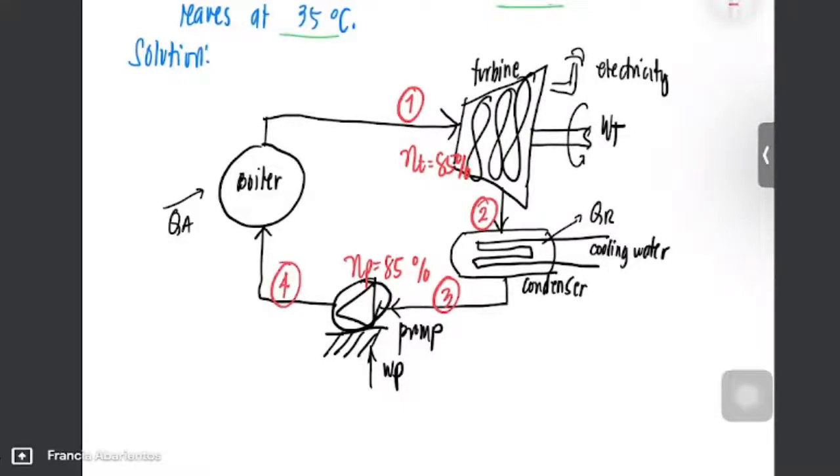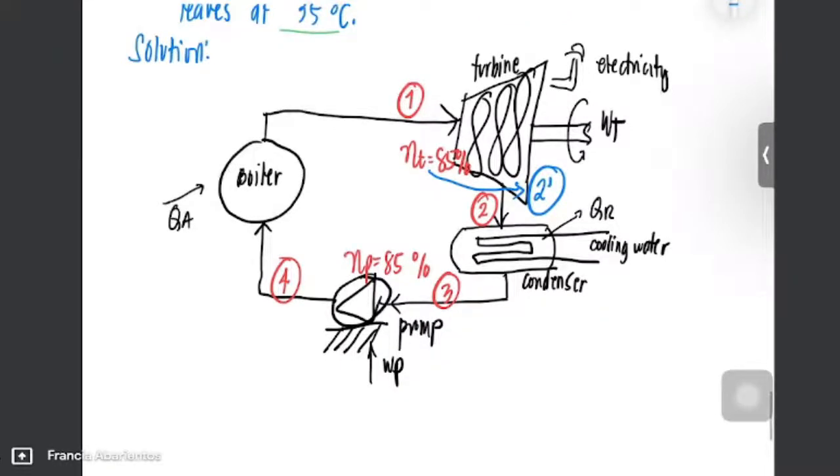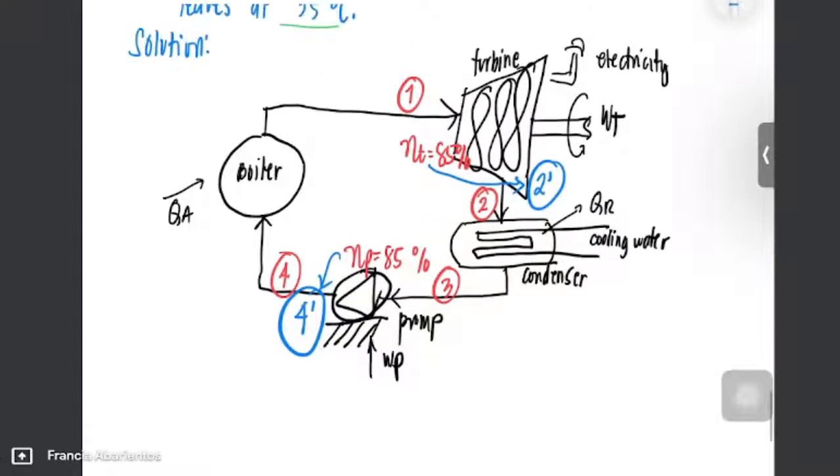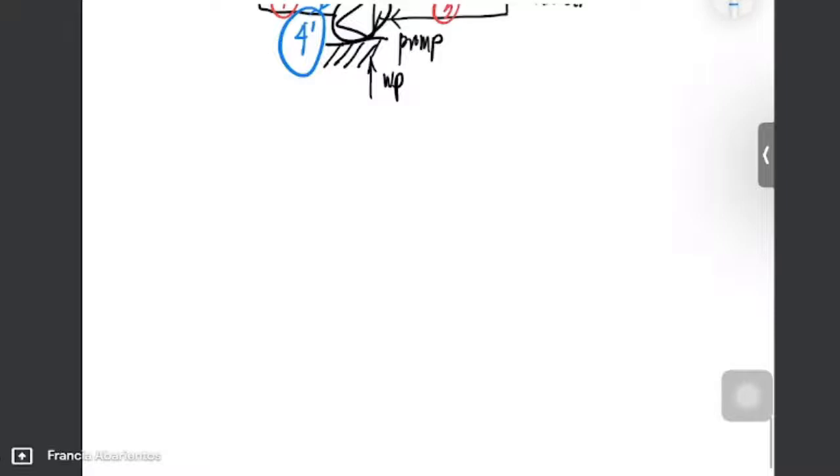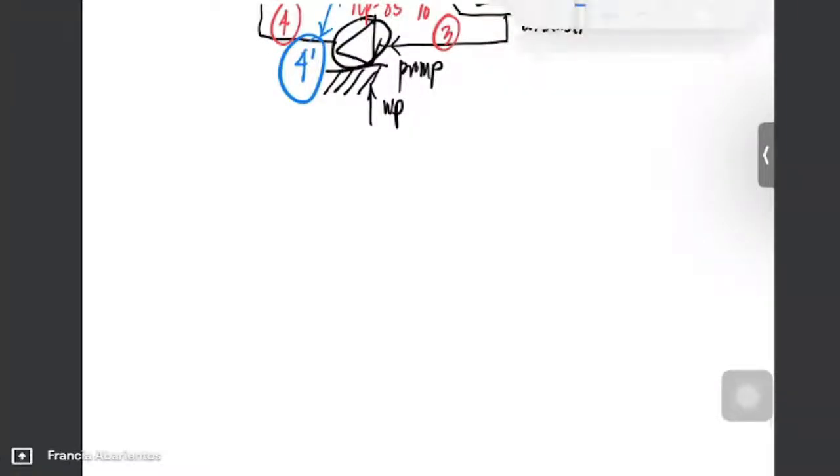So, magkakaroon na tayo ng 2 prime here. That is now your actual dahil sa pump efficiency, turbine efficiency. After that, magkakaroon din tayong 4 prime dahil sa pump efficiency. Okay. Intindihan? After this, you draw now the TS diagram.